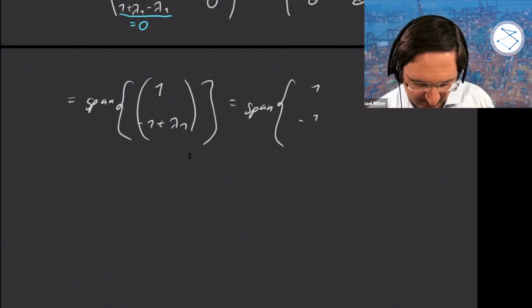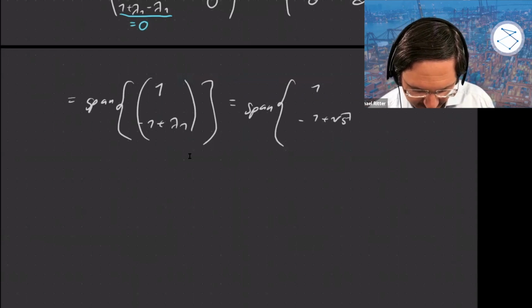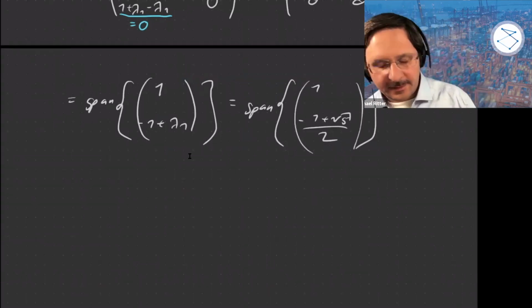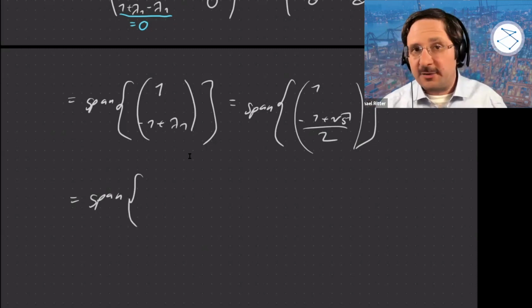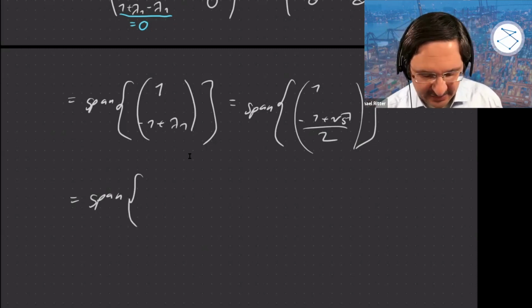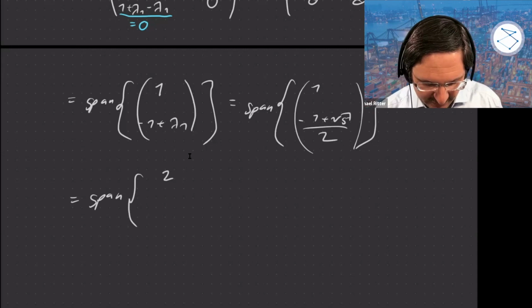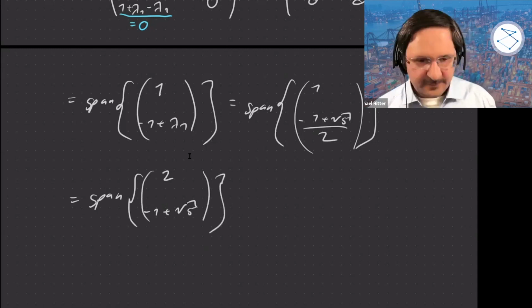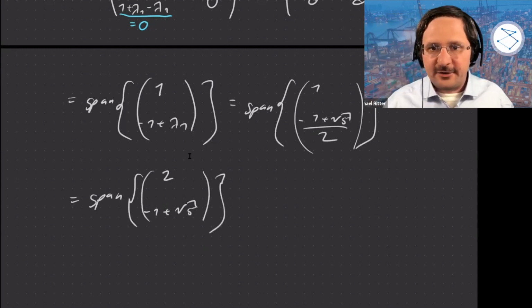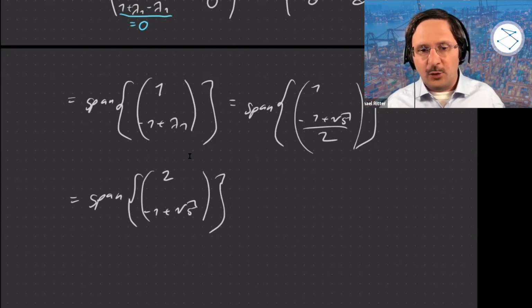So I get minus 1 plus square root of 5 over 2. Or if we want to get rid of that fraction, we could multiply that whole thing by 2, and then I get 2 and minus 1 plus square root of 5. So that's one eigenvector, the eigenvector corresponding to the eigenvalue lambda 1.